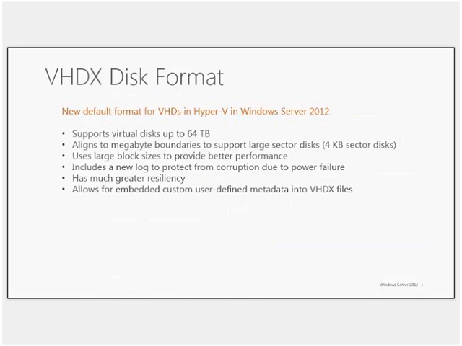Let's talk about VHDX, because that's huge as well. Big in the technology edition family of Windows Server 2012. The new default format for VHDs in Hyper-V 3.0, so up to 64 terabytes. That's what gives us our support for virtual disks up to 64 TB, the VHDX, and you can set up basic VHDs, but if you really want to go big, you can go with the VHDX 64 TB.